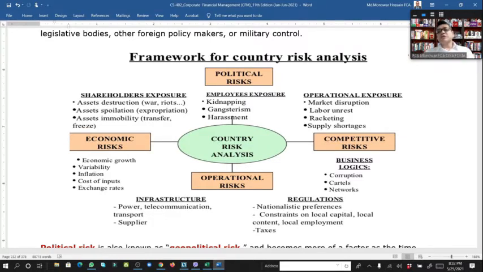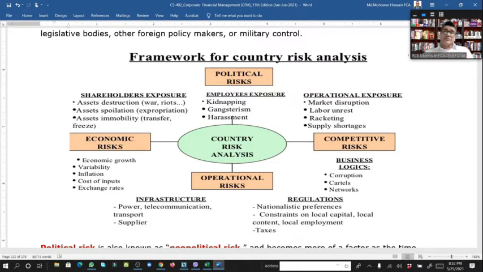And also operational risk, that means market disruption, sometimes labor unrest. For example, you establish a factory, and if there is labor unrest, a huge problem, you will not be able to manage them, so you will not invest in that country, etc.